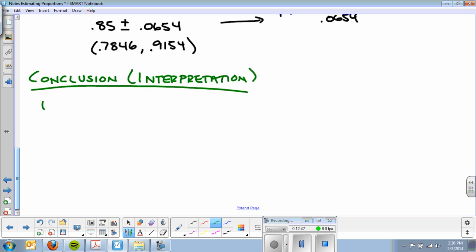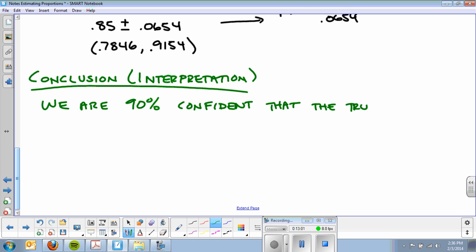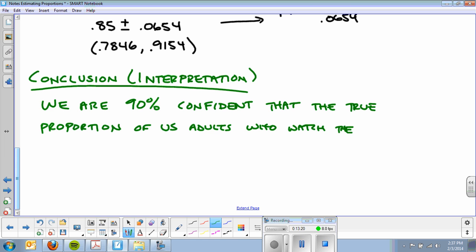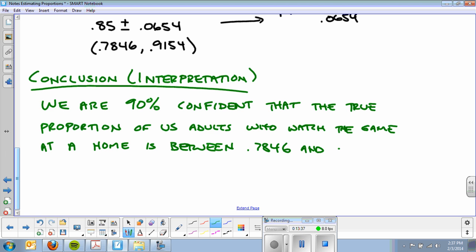And this is the sentence. We are 90% confident that the true proportion of U.S. adults who watch the game at a home is between 0.7846 and 0.9154.